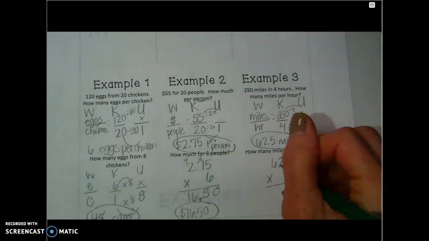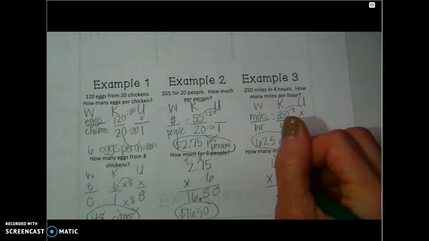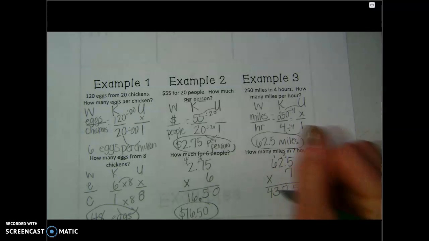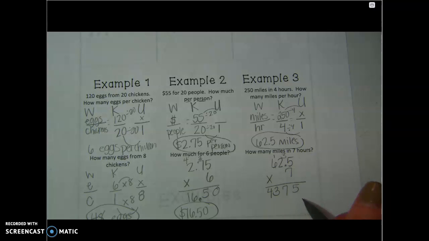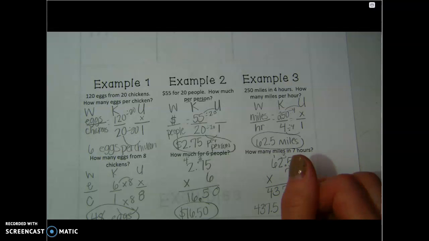Carry your 3. 7 times 2 is 14 plus 3. 6 times 7, 42. Plus good, 43. And then where does our decimal go? There's 1 place value behind it. Very good, between the 7 and 5. So my answer is 437 and a half, what? Miles. Good.